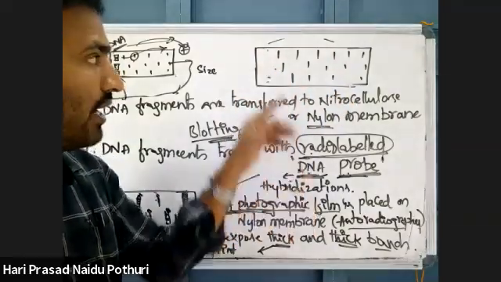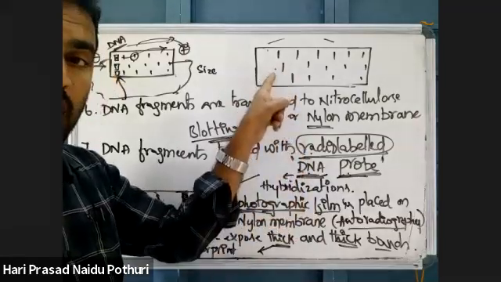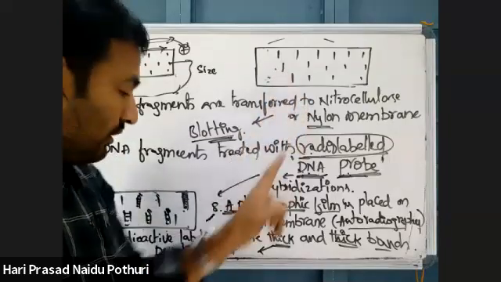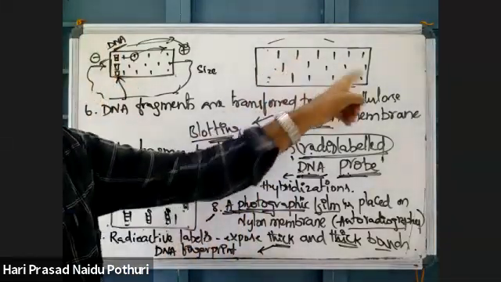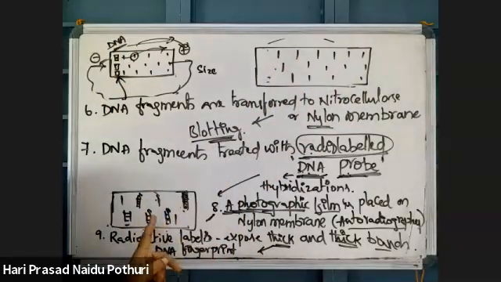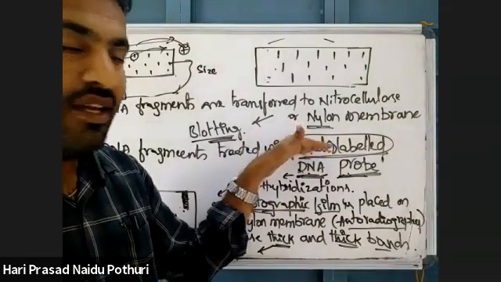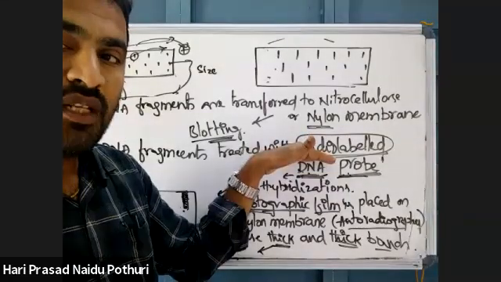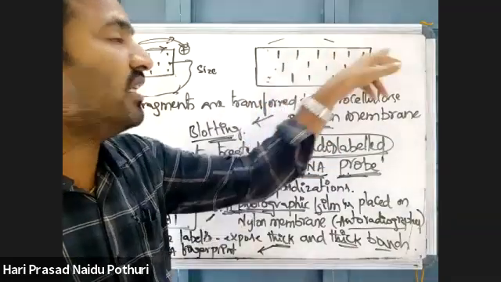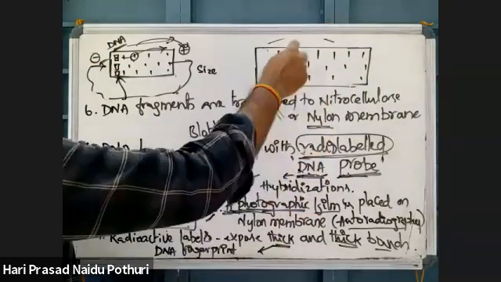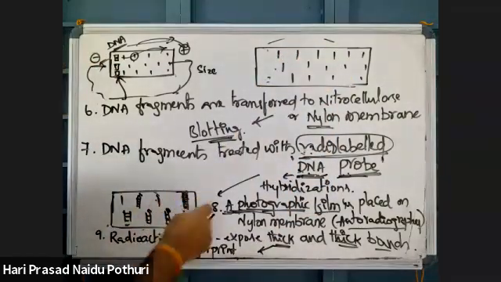Now, if we add the DNA probe which has a complementary sequence to this, it will bind to the sequences. The probe has radioactivity. That radioactive probe will bind to the DNA fragment. The binding of that probe with this short fragment will be random.